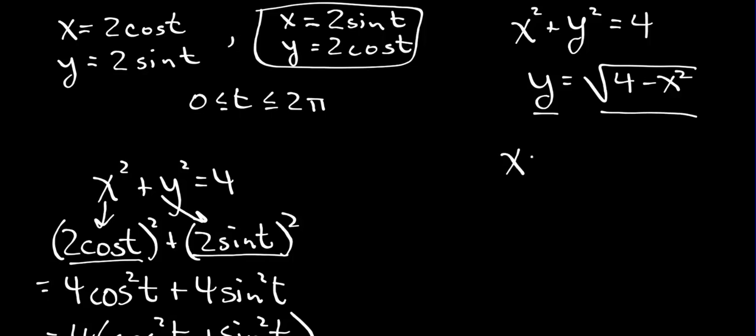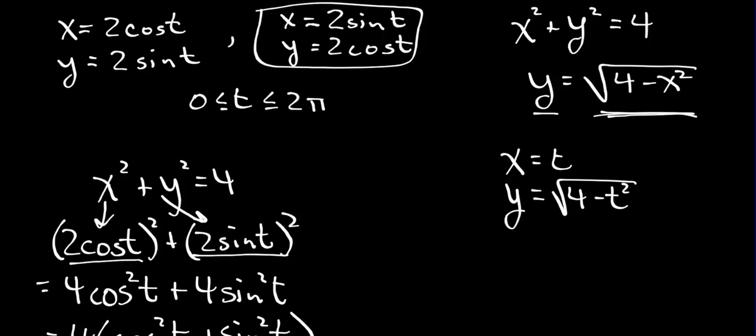You can just say, well, I'm going to let x be t, and I'll let y be the square root of 4 minus t squared. There. That's a set of parametric equations. That's a quick way to find a parametric representation. I just said x equals t and y equals the square root of 4 minus t squared, which is just this.